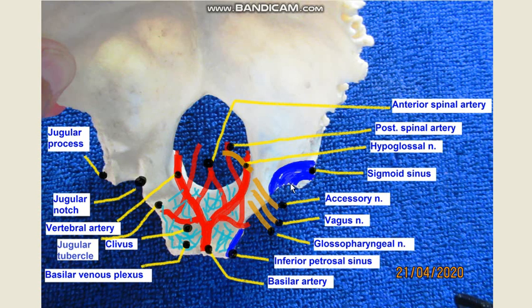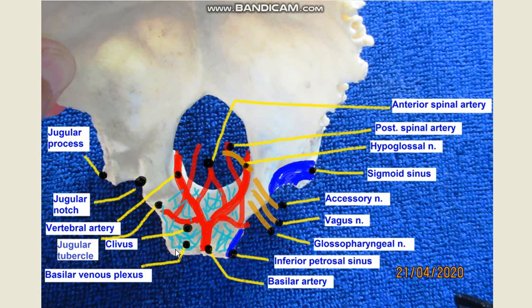So over here you have the jugular process and the jugular notch, and when you have the petrous part of the occipital bone articulating here by its posterior border, this jugular notch will be converted into a jugular foramen. So from here to here you have a jugular foramen, and from here to here you have a jugular foramen.